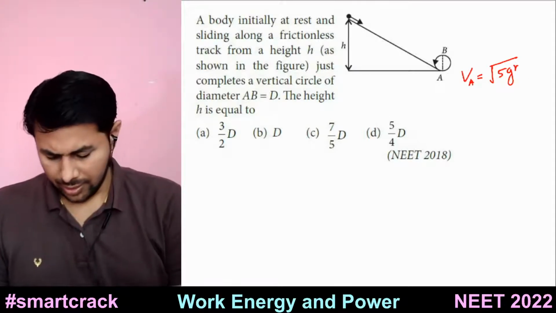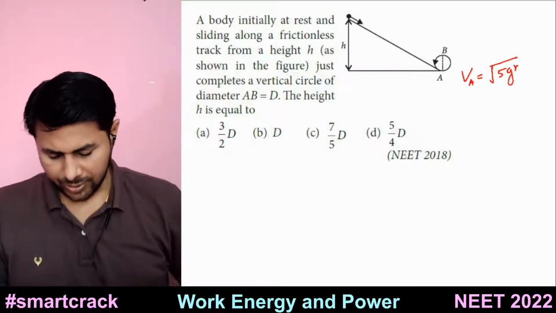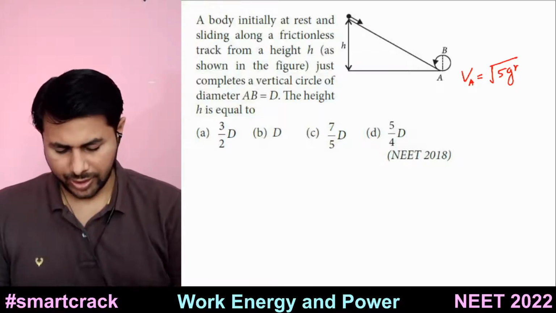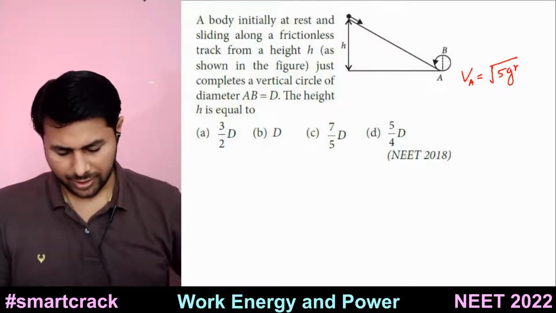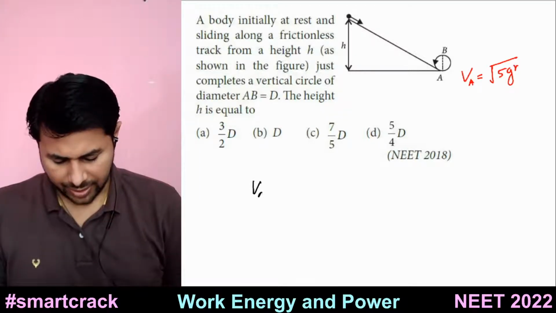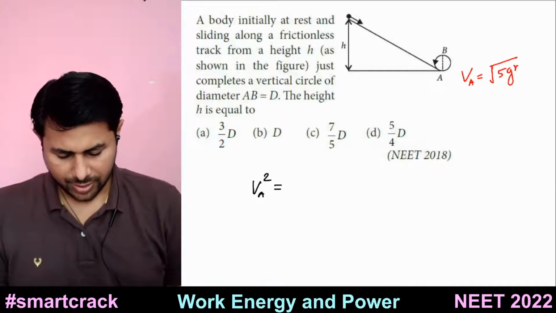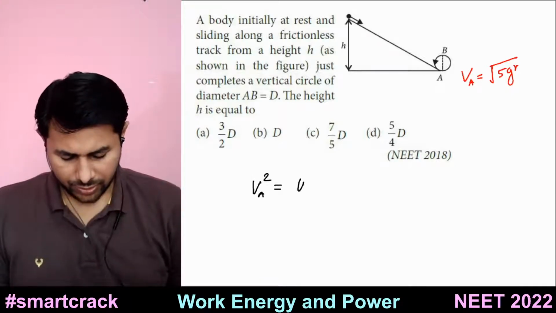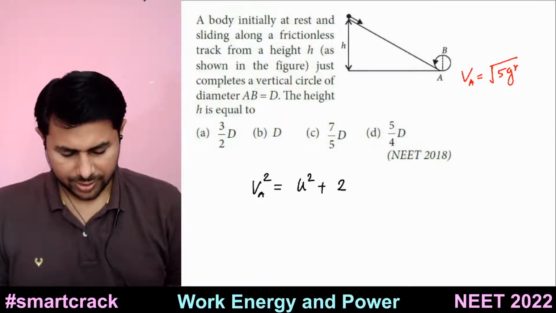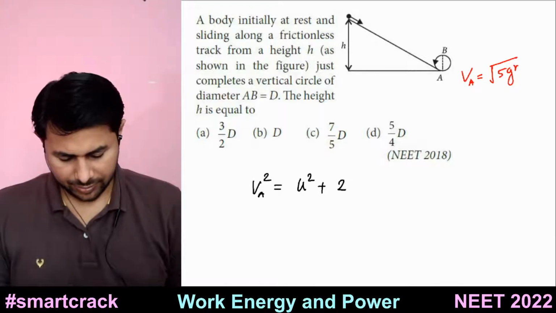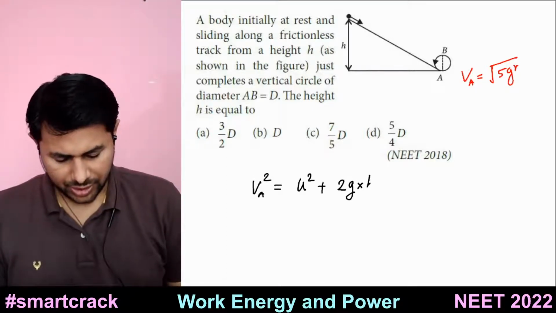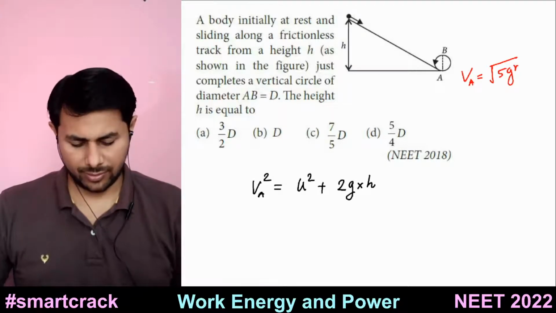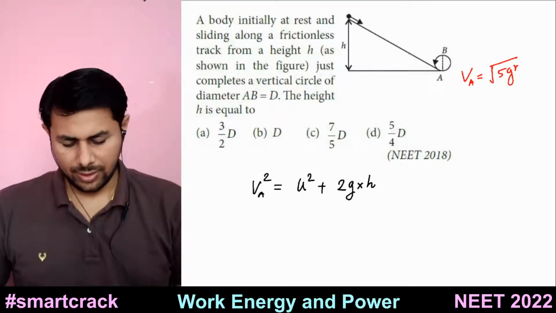If it is released from rest from this point, then at this point Va square will be equal to u square plus 2 times acceleration, that is 2 times g into h.